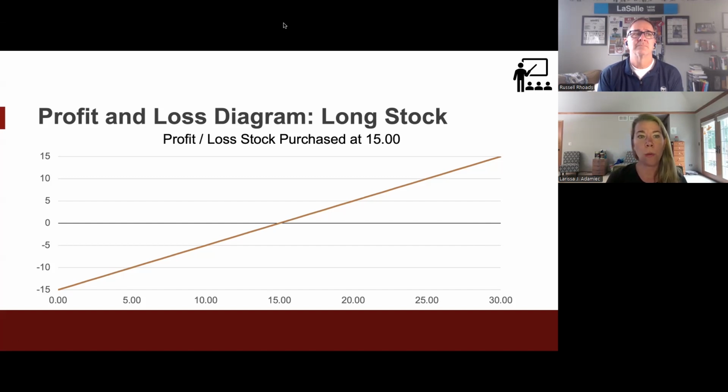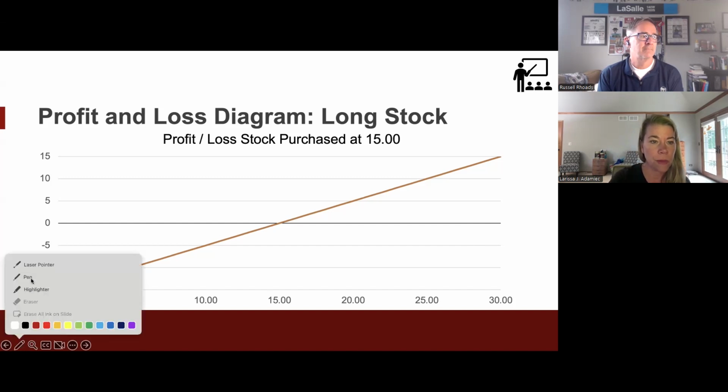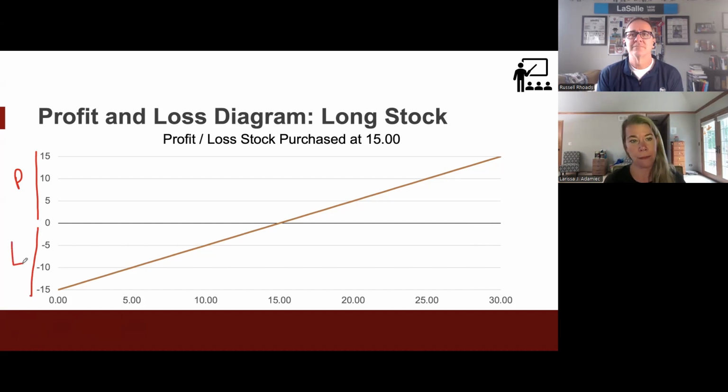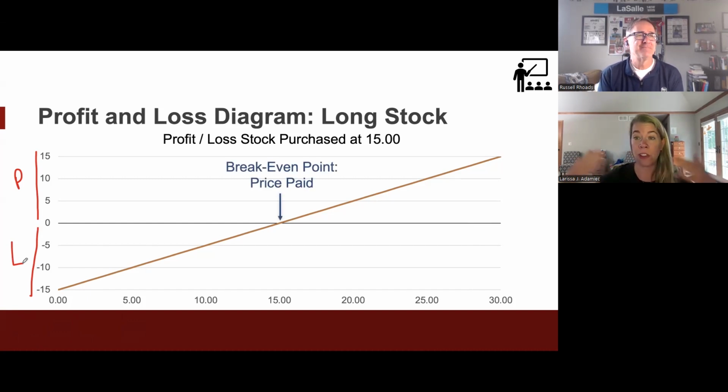Profits are up here and losses are down here. Yep, we don't like loss, but it does happen, and we need to be able to see visually on the graph where it happens.